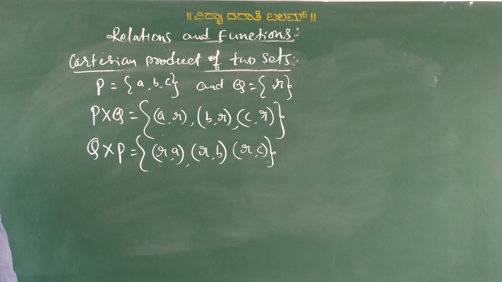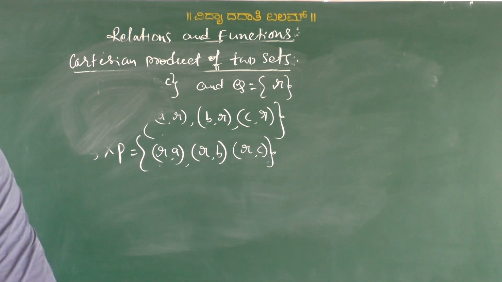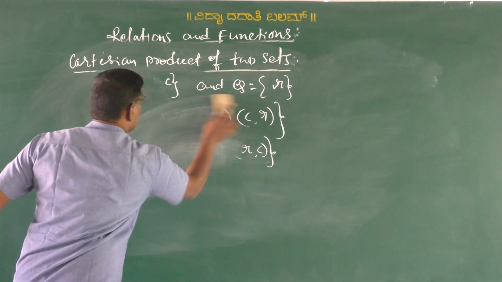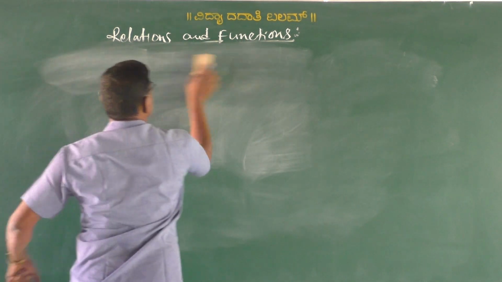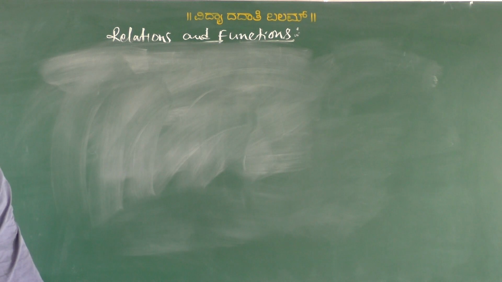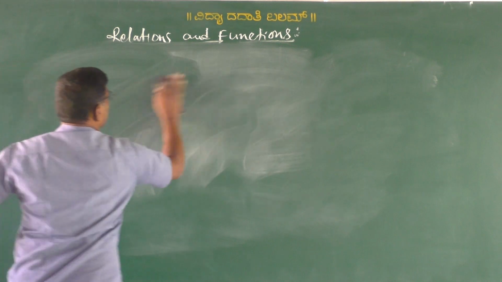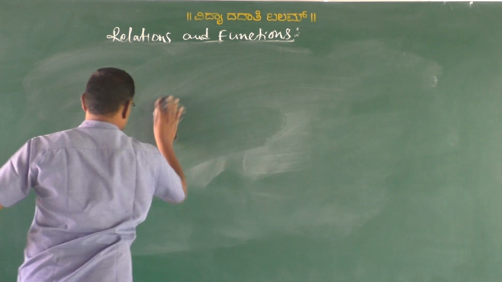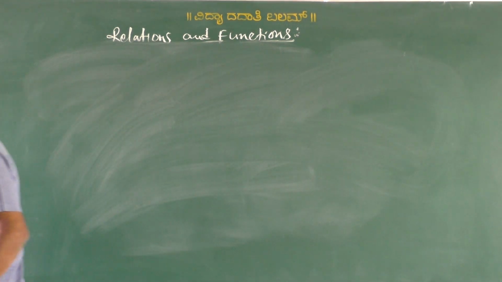Now from this we define some important points on the Cartesian product of two sets, my dear students. That is the first point.